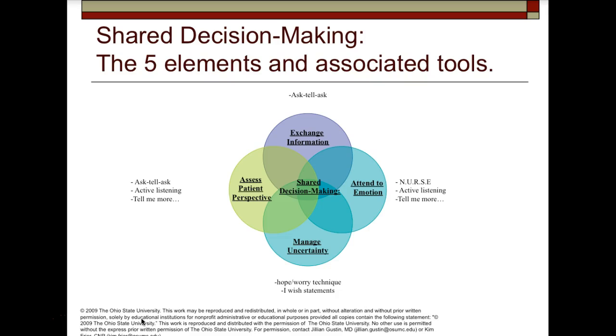One of the things I want to take a chance now to explain is that of the 3 bubbles that we've looked at, you've seen lots of different examples of things that can be said. Keep in mind that the words that are on the slide are really from what either I or Dr. Gustin have generally used in the past, and it's not meant to be the only words you can say.